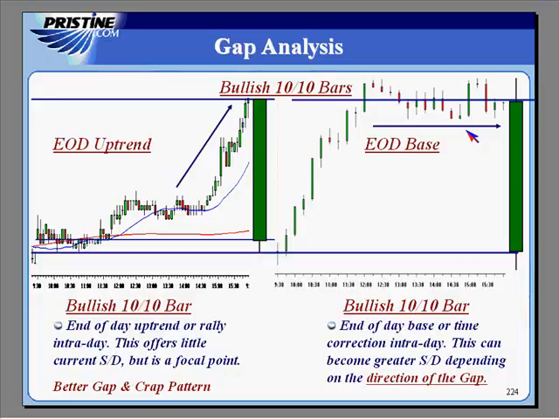Okay, so you're getting the idea here. We get our setups on the daily, then we go to the intraday charts and see what the likelihood is of continuation or failure. So a gap down from this bar is more likely to produce a move lower, because now traders are getting caught.